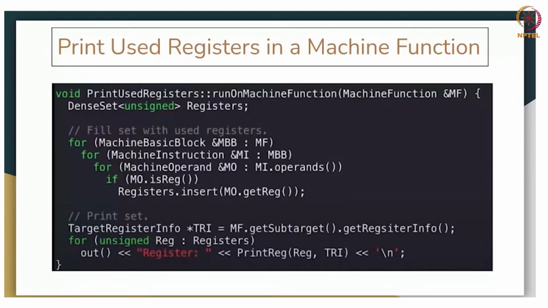This pass, which runs on the machine function, calls these APIs: getSubtarget and getRegisterInfo. The class assigned is TargetRegisterInfo. As you have seen in the previous LLVM tutorial, there are a lot of LLVM classes. Even knowing all the classes will be tough, so use them as and when required. That is all you do.